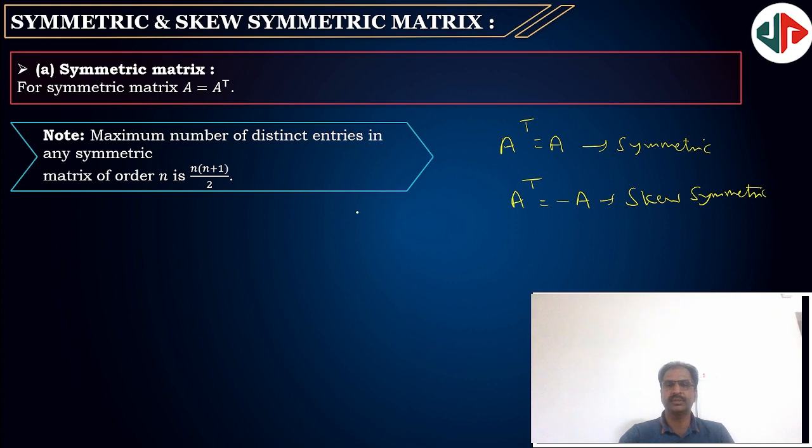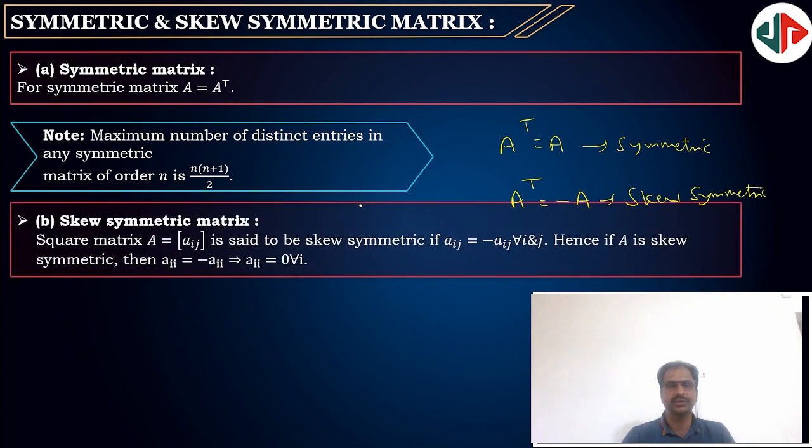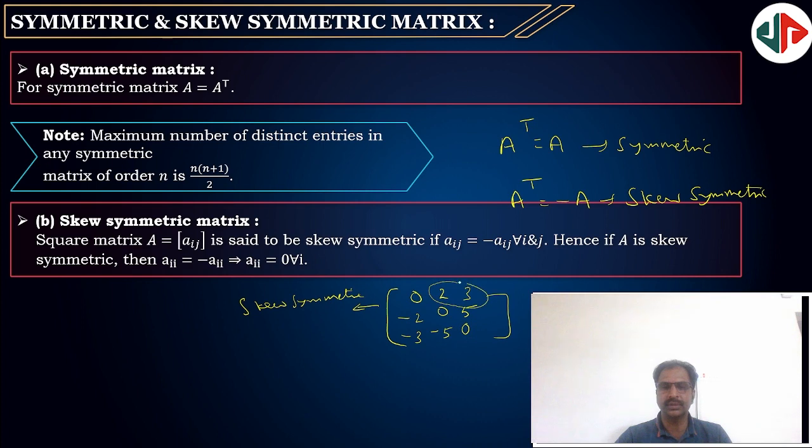Remember, in the case of a skew symmetric matrix, all the principal diagonal elements will be zeros, and whatever numbers you have on one side, the same numbers will be on the other side with opposite signs. This is an example of skew symmetry.